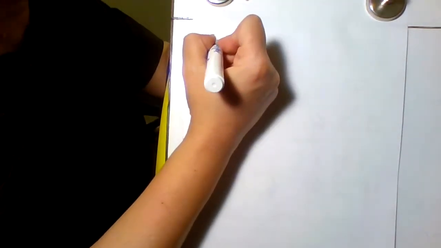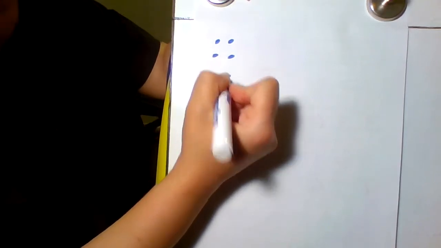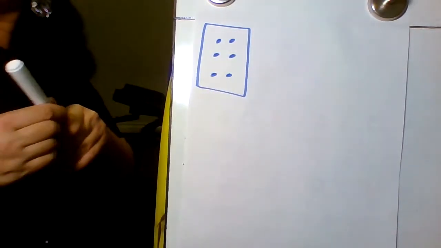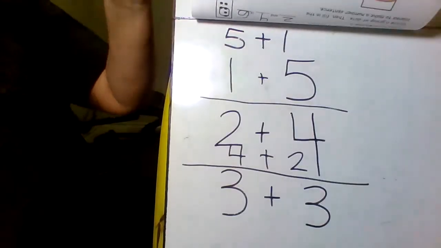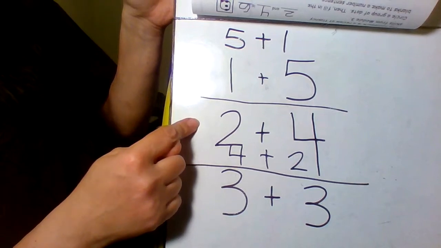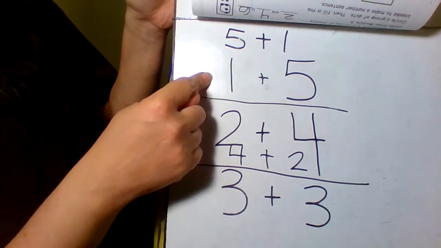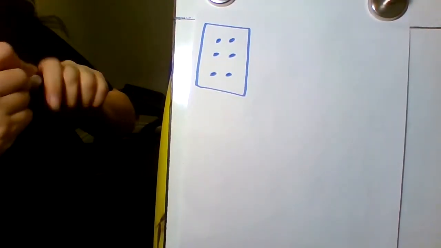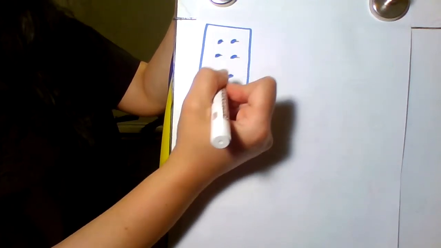Here we go. So here are my 6 dots. 1, 2, 3, 4, 5, 6. There we go. How do you guys want to break this one? Well, there aren't that many ways. Okay? Don't think we did. We did 1 and 5. How about 5 and 1 this time? I want to do 5 and 1. 1, 2, 3, 4, 5.